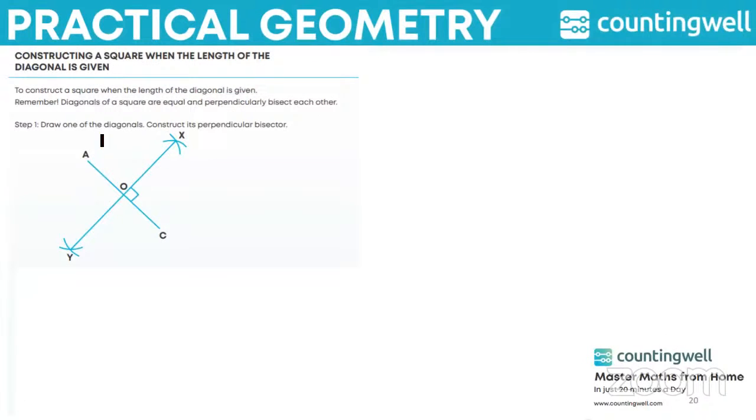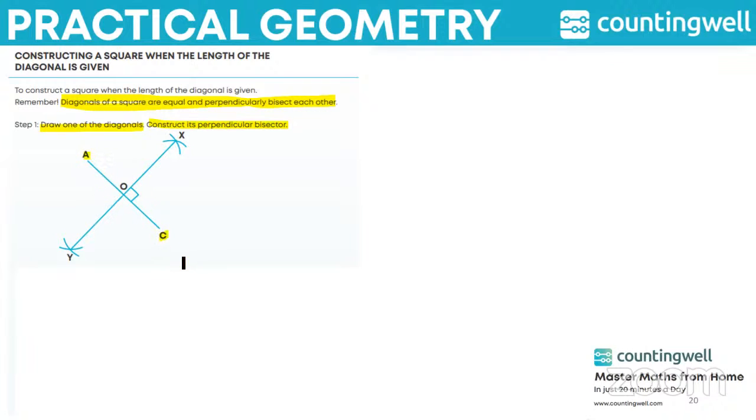Let us see how to construct a square when the length of the diagonal is given. To construct a square when the length of a diagonal is given, remember that the diagonals of a square are equal and perpendicularly bisect each other. So you have to draw one of the diagonals and construct its perpendicular bisector. One of the diagonals means non-consecutive vertices.